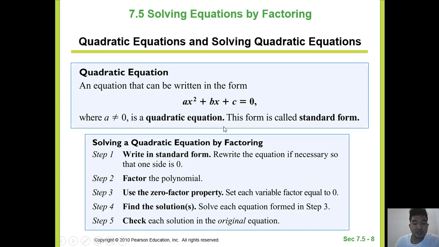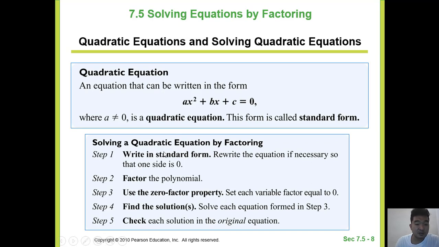This is a quadratic equation. This form is called standard form. As you can see, if the quadratic equation is in this form, all the variables and the constant, all the terms are at the left side of the equation and being equated to 0, then that quadratic equation is in standard form. Here are the steps in solving a quadratic equation by factoring. We have 5 steps here.